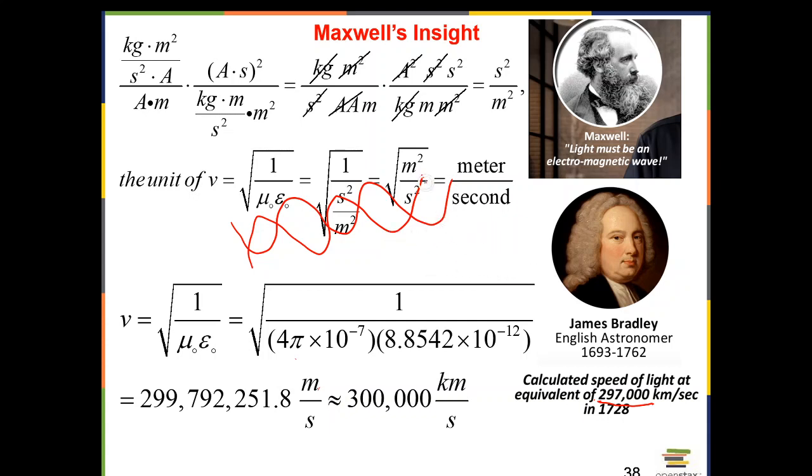It's not constant, but it is the speed limit when you start from rest, because these numbers stay the same for free space. So in free space, you have a speed limit. You cannot go faster than the speed of light. Okay? So that's the idea.